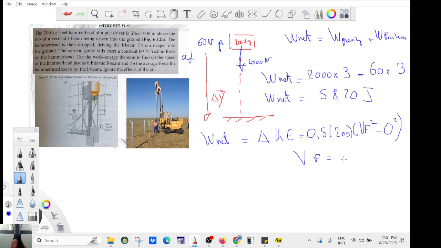You take the square root. 7.6, well, very good. 7.63. Final speed before it hits.